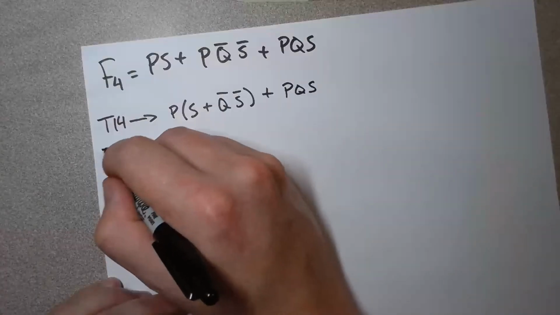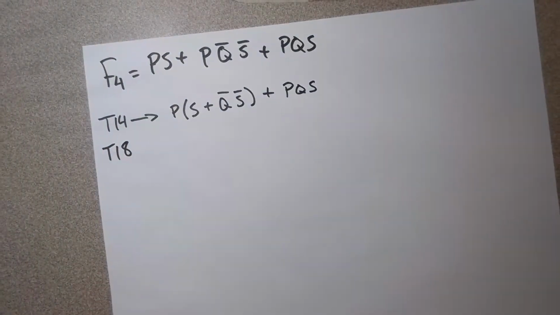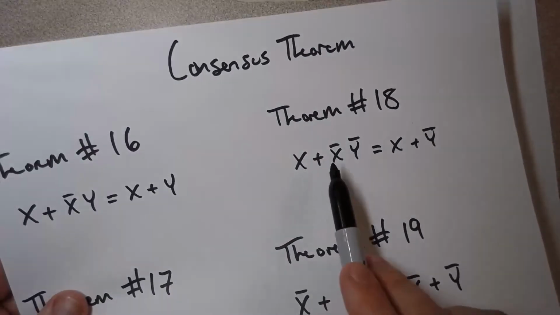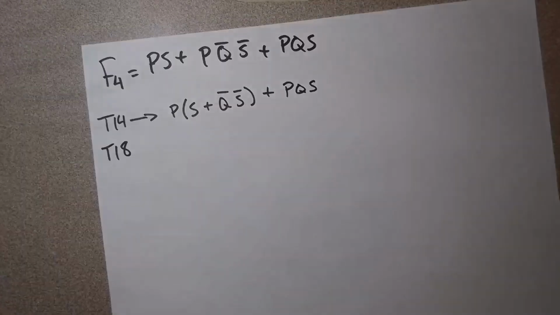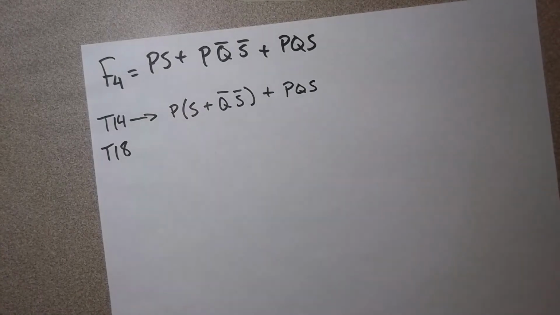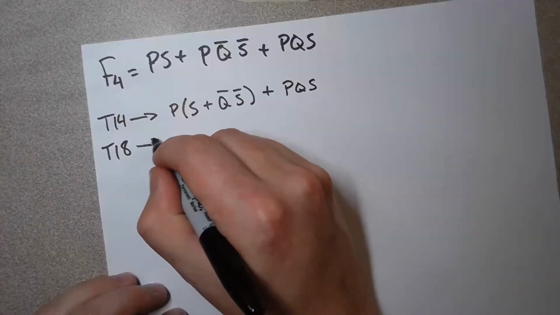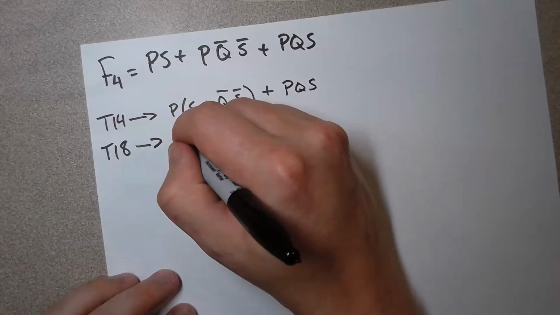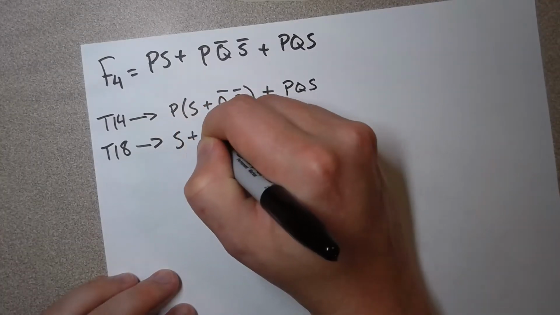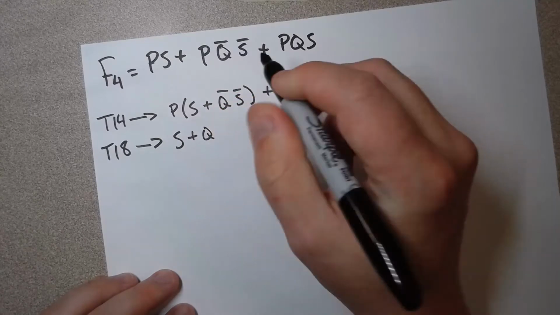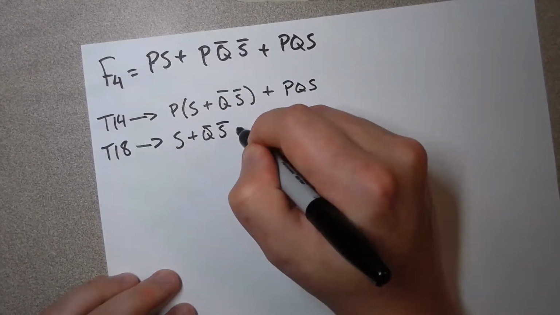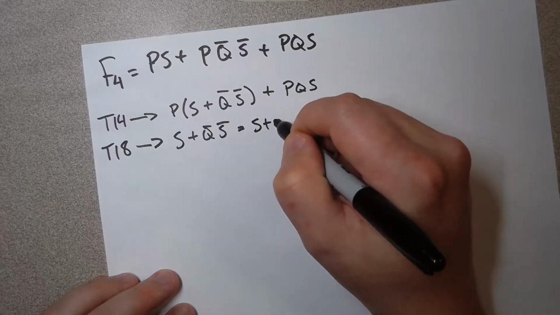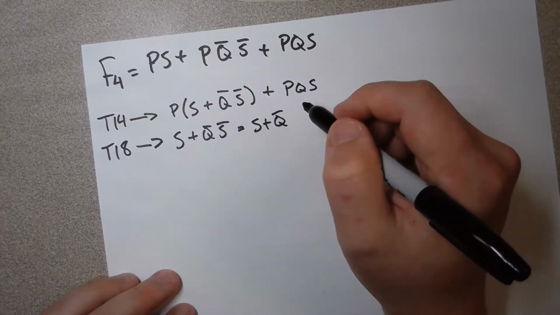And then we're going to use our theorem 18, which we just learned. Looks like x or not x and not y. It tells us that s plus not q, not s is equal to s or not q.